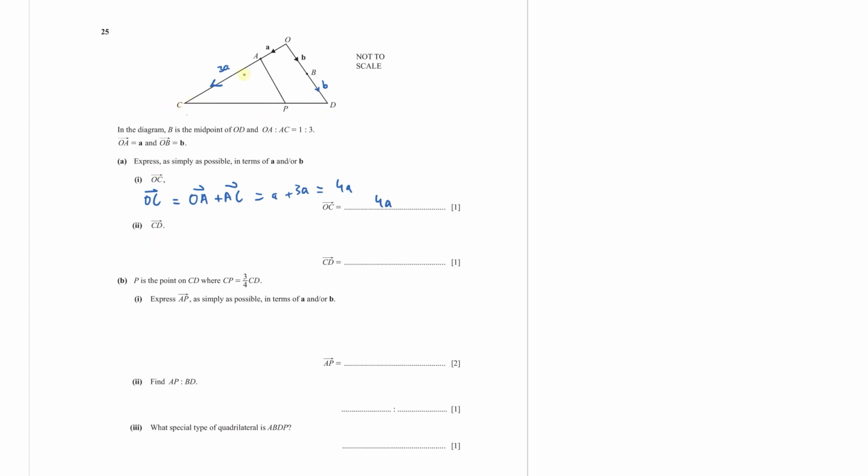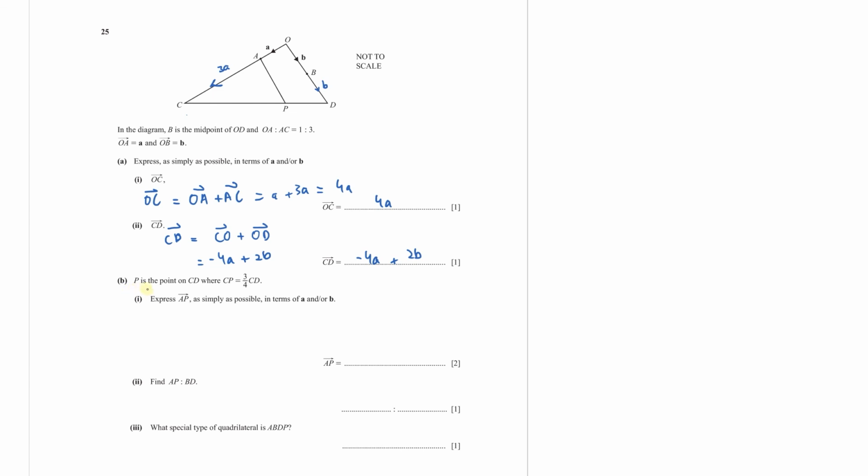CD will be equal to CO plus OD. OC is 4A, so CO will be minus 4A. Minus 4A plus OD is 2B, B plus B is 2B. So this is minus 4A plus 2B.